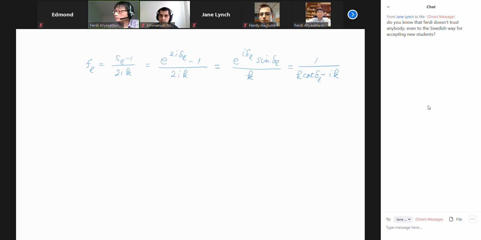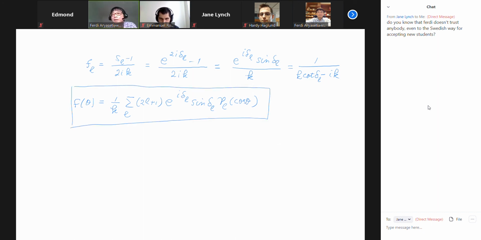So now we go back to our scattering amplitude. We can write everything in terms of this phase: the sum over L of (2L plus 1) e to the i delta L sine delta L times P_L of cosine theta.